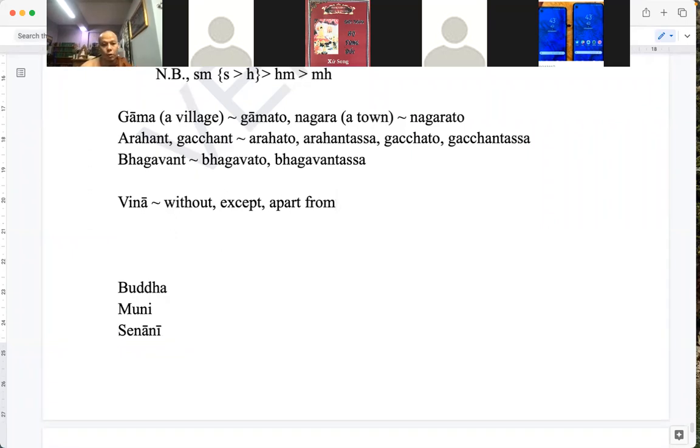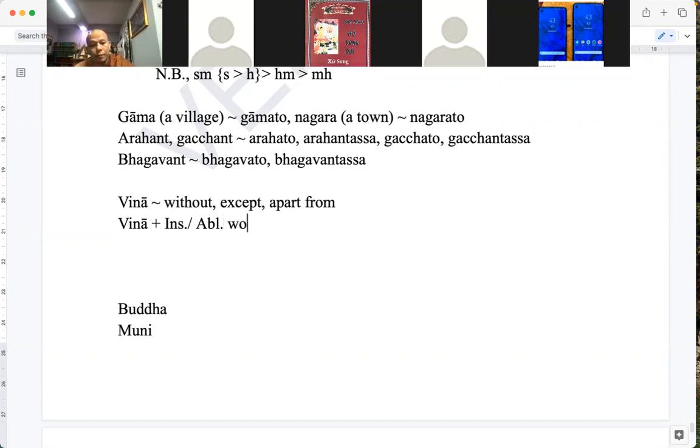Apart from. So that Vina goes with the instrumental or the ablative case.